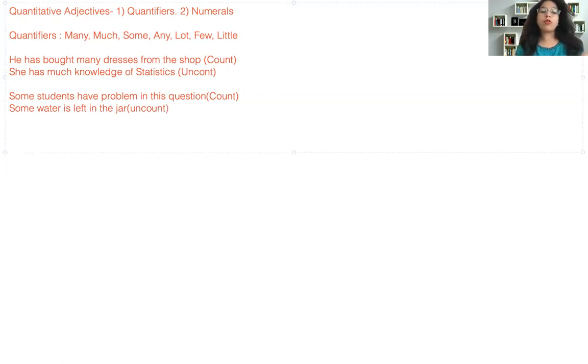Any is also used with both countable and uncountable nouns. Do you have any sugar in the jar? Here we are asking a question about the presence of sugar.